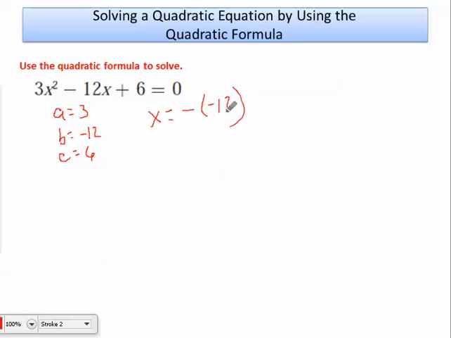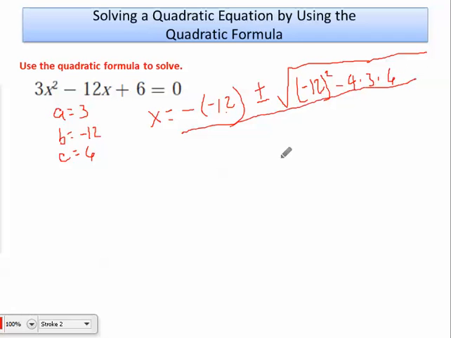That's negative B. Plus or minus the square root. Well, B squared, negative 12 squared, minus 4 times A times C, divided by 2 times A.